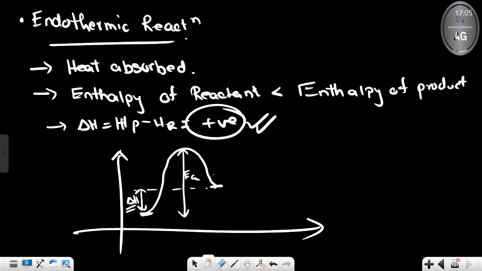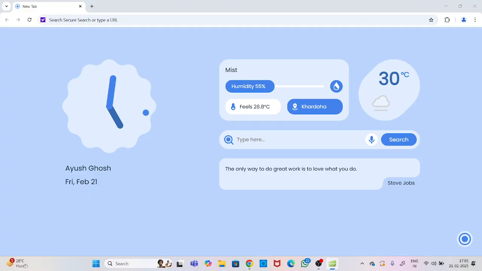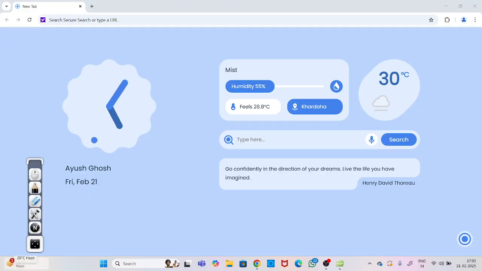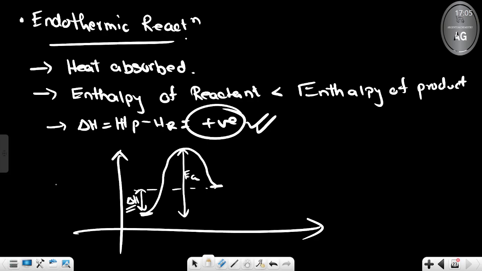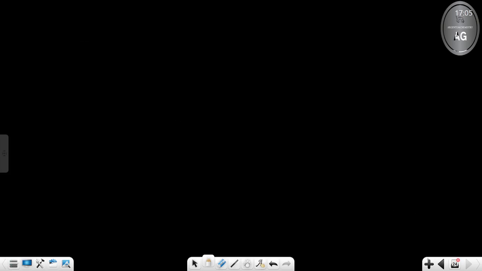Okay. Very very easy to remember this chapter. Done. Endothermic and exothermic reaction cleared up.